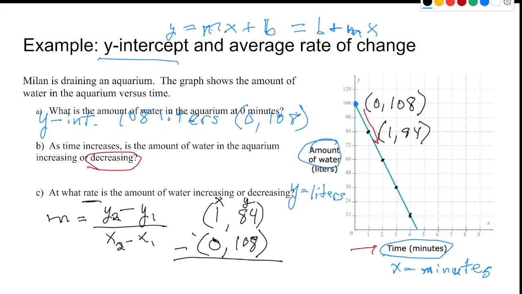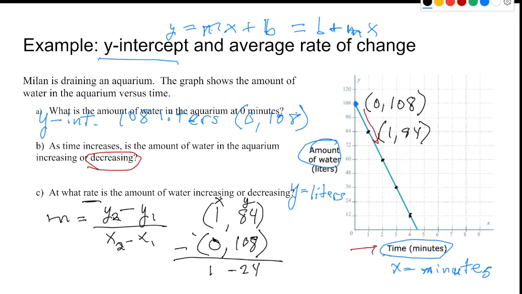So 1 minus 0 is still 1. 84 minus 108 is going to be negative because I'm subtracting a larger number from a smaller number. And let's see, if I flip it in my mind, 84 from 108 is 16 to get me to 100, and then another 8, so that's 24, negative 24.